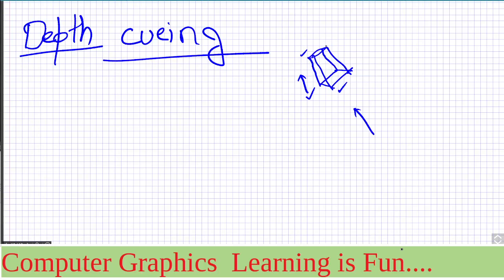Now suppose you have such a wireframe object, which means a structure of vertices and edges. If it doesn't have depth information, then what will happen?